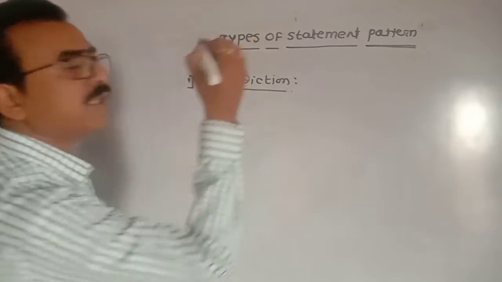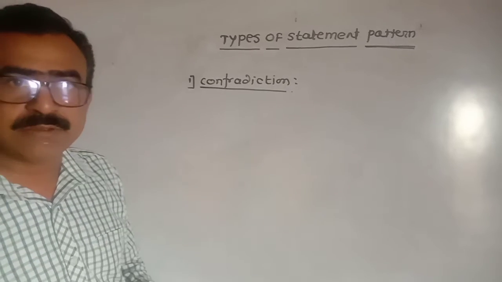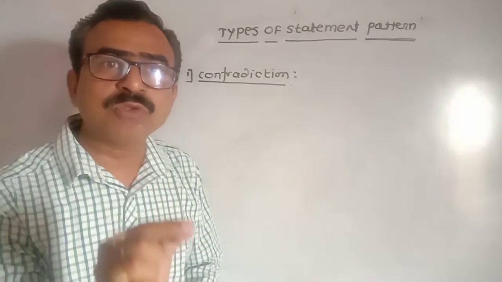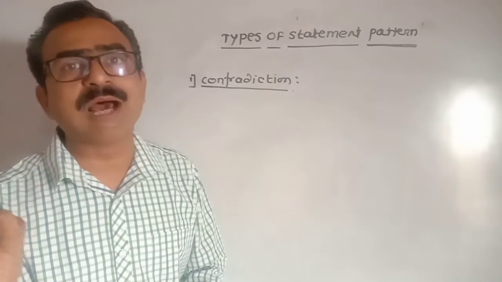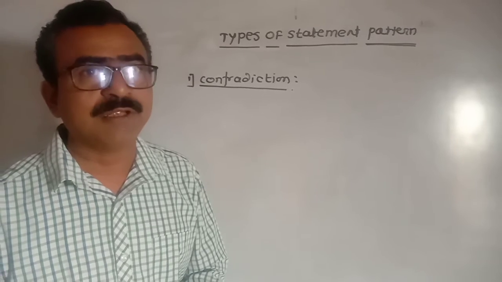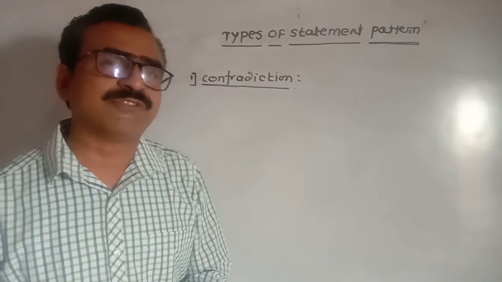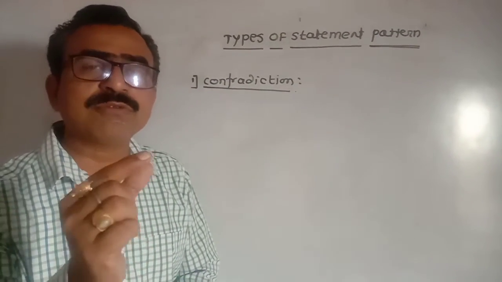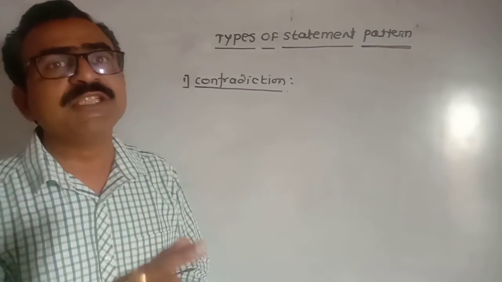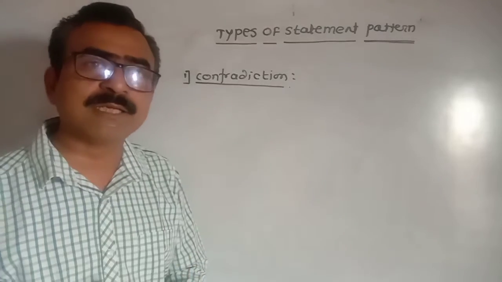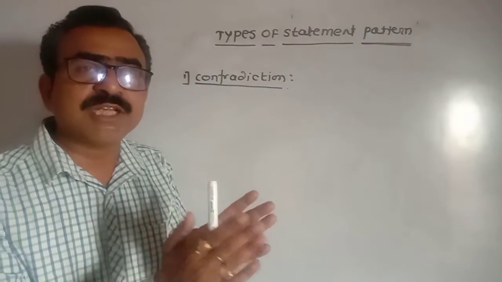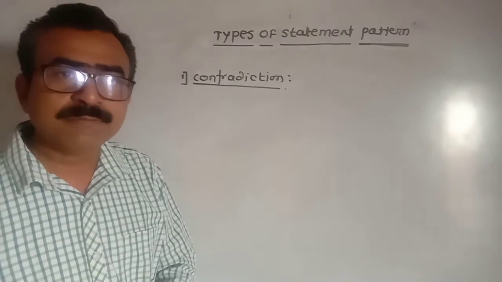According to the definition, a contradiction means a statement pattern whose truth values are all false for all combinations. In simple words, if you are given a statement pattern and have to check whether it is a contradiction or not, initially construct a truth table.